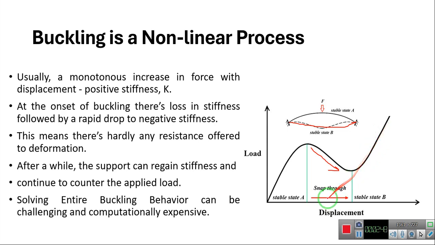This phenomenon is called snap-through. So it's a highly non-linear process. If you solve this non-linear buckling behavior, it can be a really challenging problem, and it's computationally very expensive.